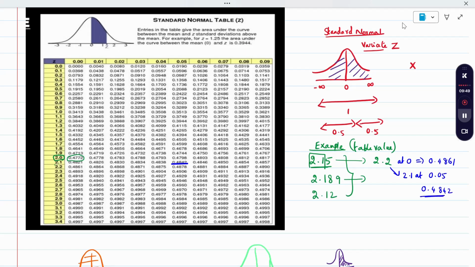This answer also you can write. You check both the answers: 0.48, 0.48. After 2 digits only there is a change, so it will not affect. So we can do it this way.